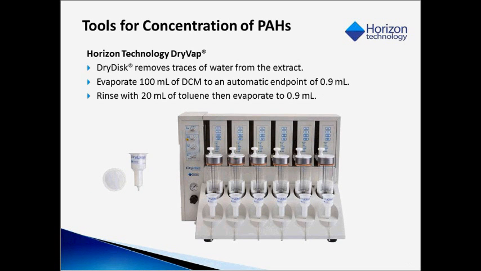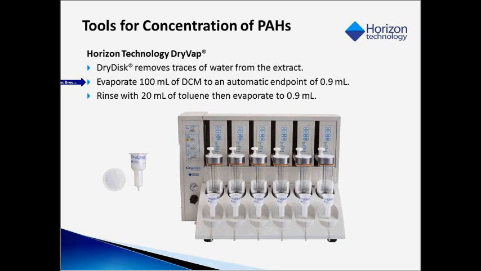These are the tools we use for concentrating the polycyclic aromatic hydrocarbons after extraction. The sample extracts were dried and concentrated using the dry vap evaporation system together with the dry disks. The dry disks, or hydrophobic membranes, were used to remove water from the sample extract. We evaporated around 100 milliliters of eluting solvent to an automatic endpoint of 0.9 milliliter.